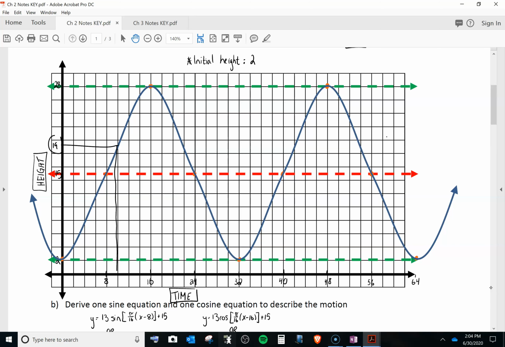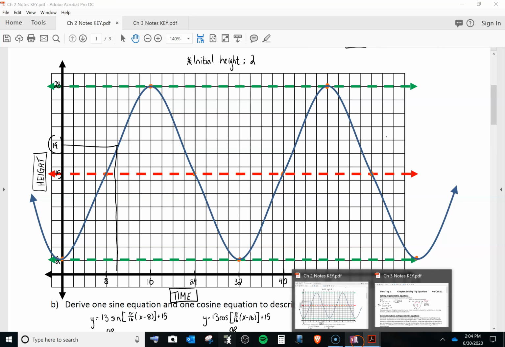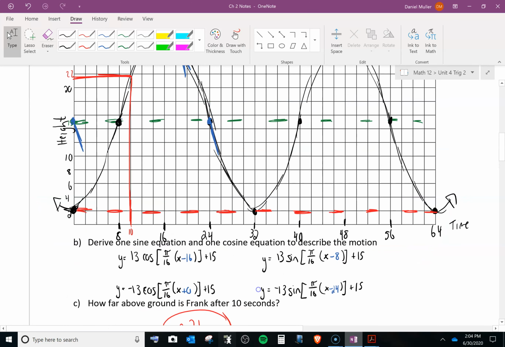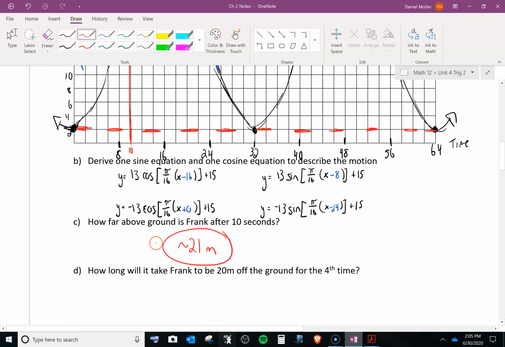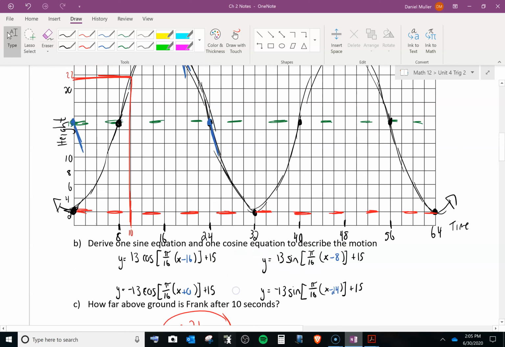So this drawing, 10 seconds gives you around 19. My drawing gives me somewhere around 21. Turns out the answer is actually 20. So anything is good. It's based on your drawing. So everyone will have a slightly different answer depending on what the drawing is.